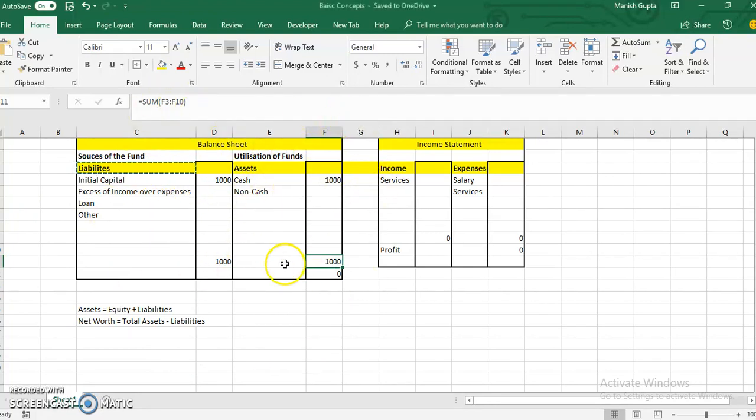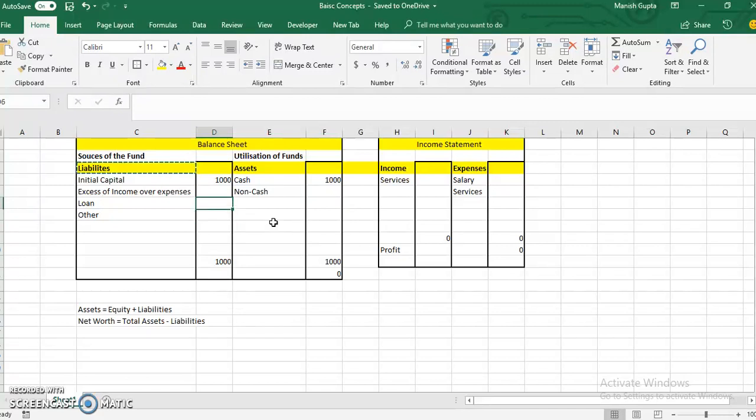This is also called the debit side, and this is called the credit side. Why they are called debit and credit, I also don't know, since it goes back to the starting of accounting, I guess. But in our course we will not be using these terms. We will just be using assets and liabilities.